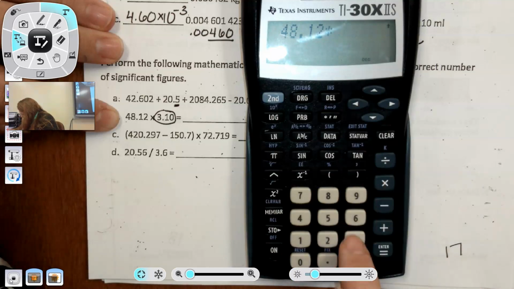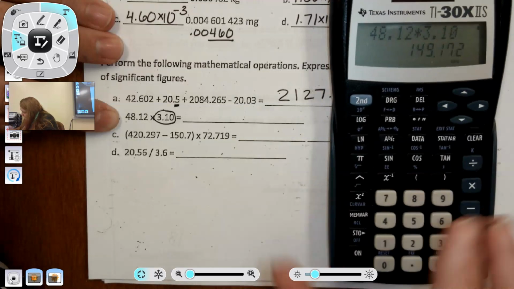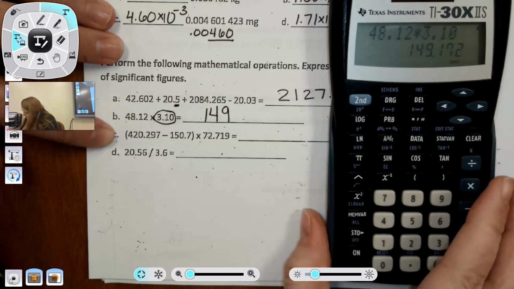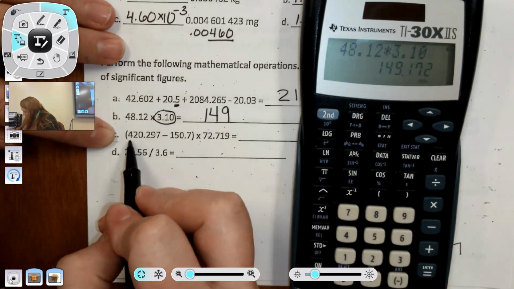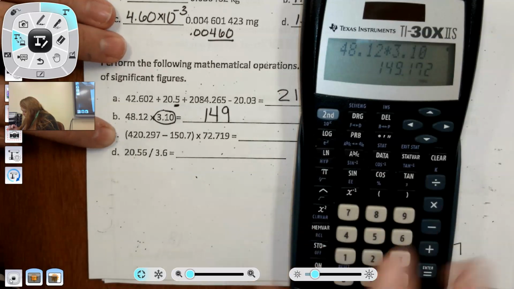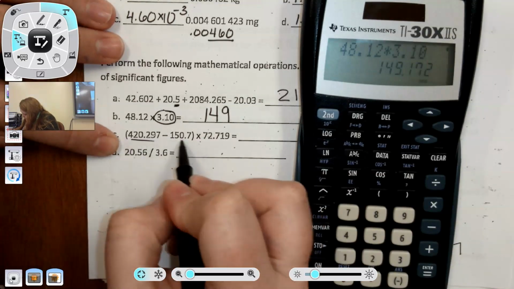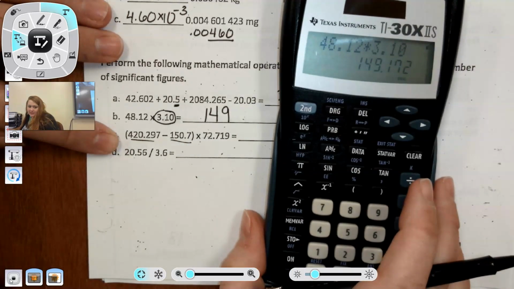48.12 times 3.10. My answer can only have 3 sig figs, so it's going to be 149. All right, here we need to follow order of operations. So we need to do our subtraction first and then multiply. So when I subtract these two, my answer can only have 1 decimal place.